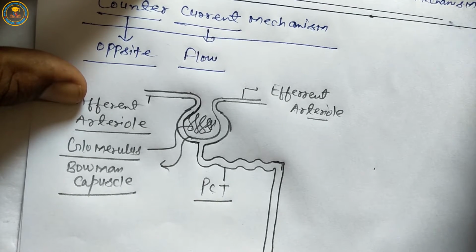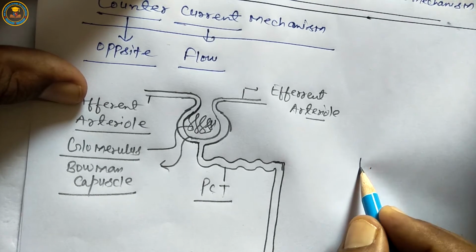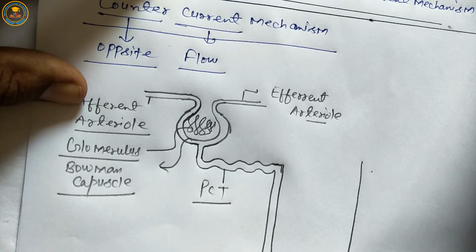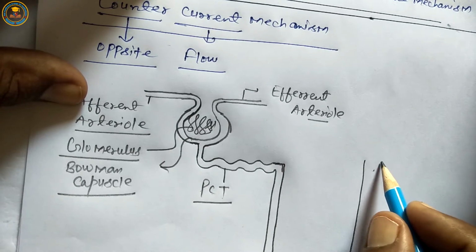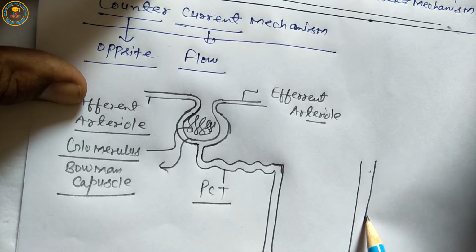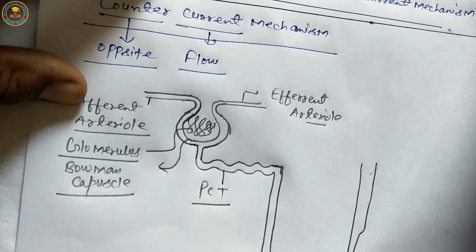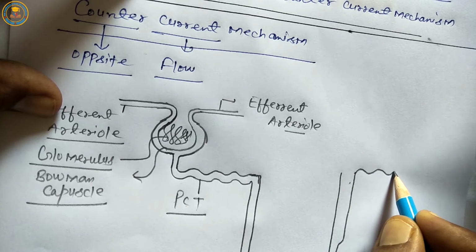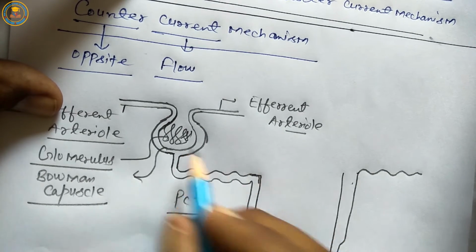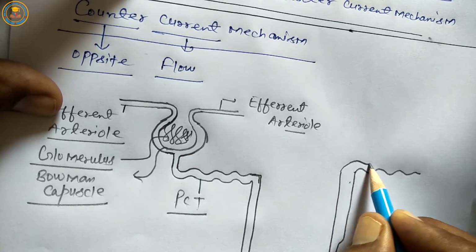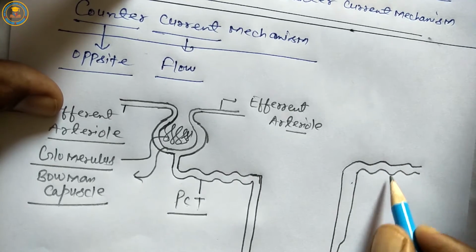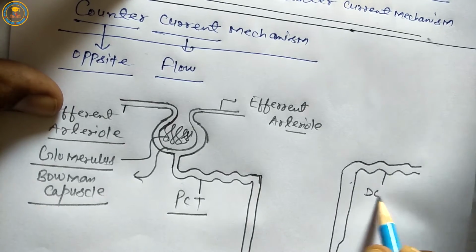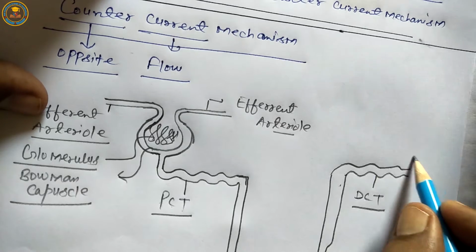Students, Henle loop has two arms. First is ascending, second is descending. Again a coiled tube-like but far from Malpighian body, so it is called distal convoluted tubule.